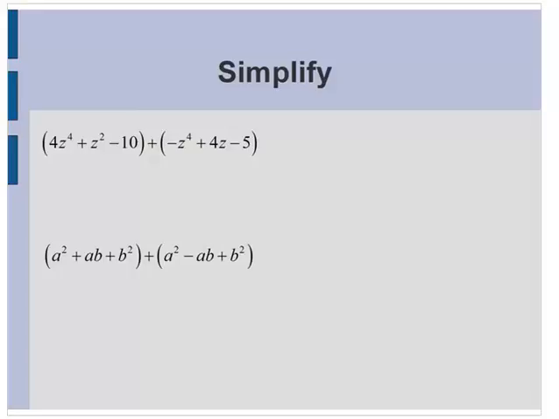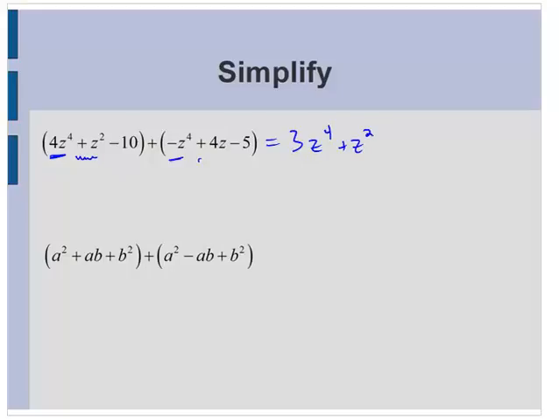All right, so 4z to the fourth plus z squared minus 10 plus negative z to the fourth plus 4z minus 5. All right, I've got a z to the fourth term that matches with this minus z to the fourth, so that would give me a 3z to the fourth. Now I've got this z squared term, but it doesn't combine with anything, so I'll just write plus z squared.